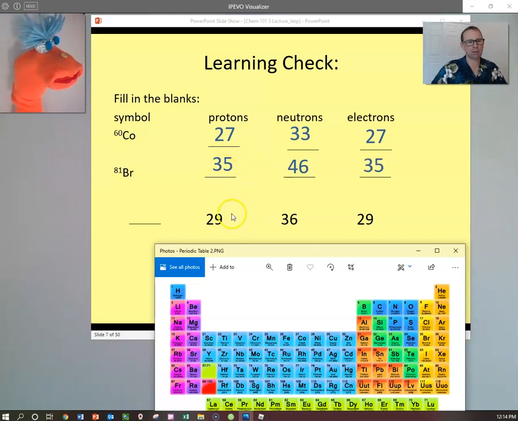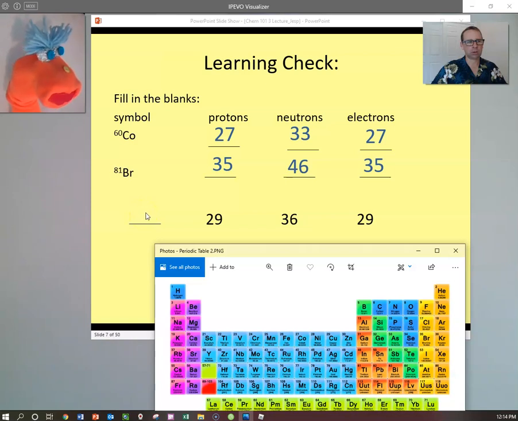Excellent job. All right, looking at this species we have to fill in here, what do we know about it? Well, it must be copper because it has 29 protons. That's right. Copper has 29 protons and 29 electrons, no charge. So are we going to call it copper 29?